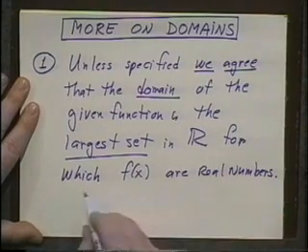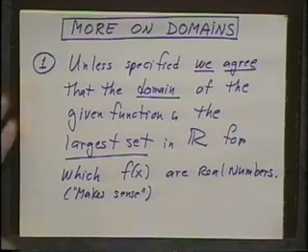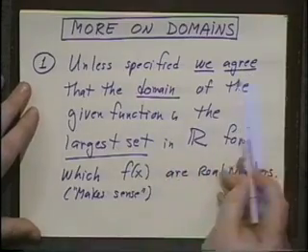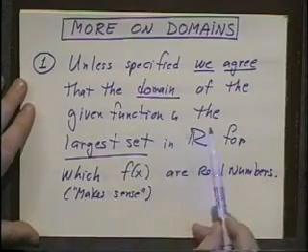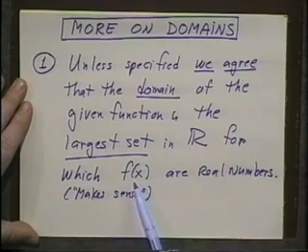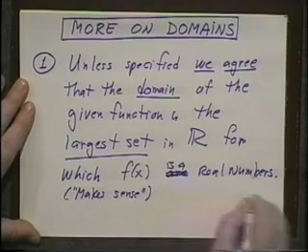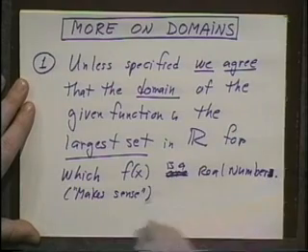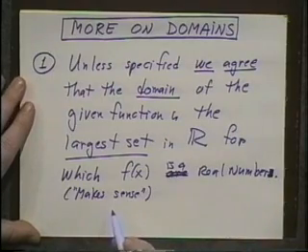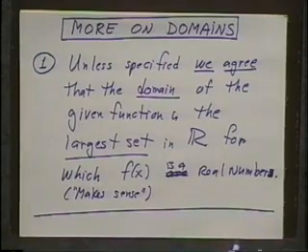And you can put in there makes sense, if you like. So let's see if that reads all right. Unless specified, we agree that the domain of the given function is the largest set in the real numbers, for which f of x, I guess we need to make that singular, don't we, is a real number, okay? For which f of x is a real number, or in other words, makes sense. Okay, that's the first note about domains that I wanted to pass on.